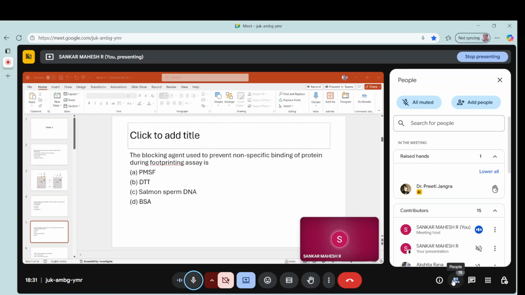So before anyone goes to type out the right answer, you can unmute. First think for a couple of minutes about each of the options and first describe what a footprinting assay is. Then we'll discuss each of the incorrect options and finally the right answer. You can take a couple of minutes to think about this question.